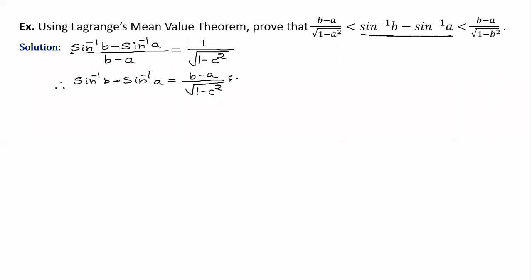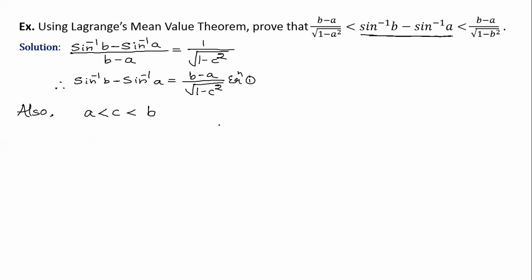Let us call this equation number 1. We have done it. Also, c belongs to the open interval a to b. That means a is strictly less than c and c is strictly less than b.